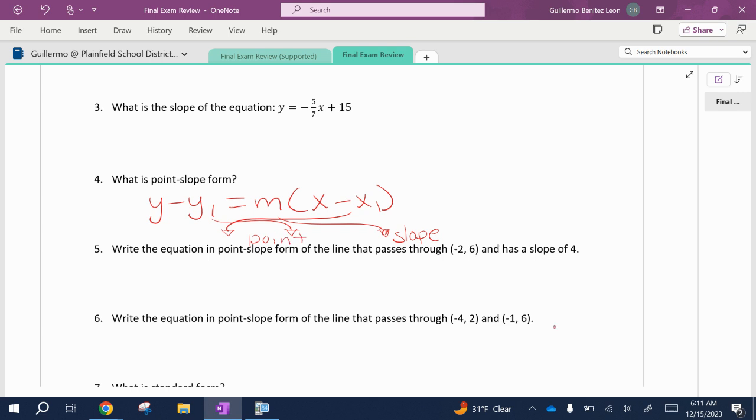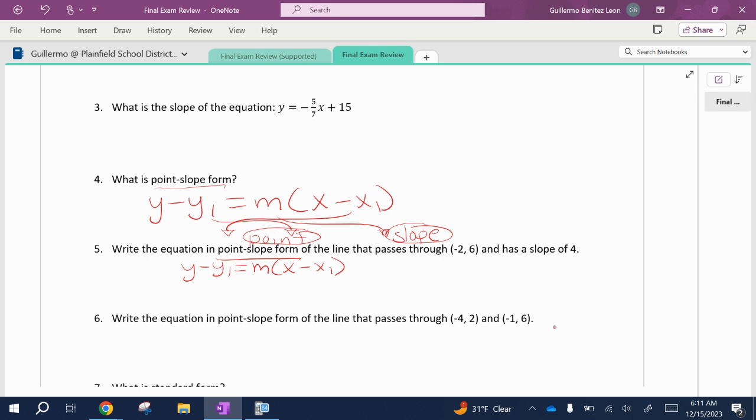So that's why it's called point slope form, because you need a point and you need a slope. So number 5, write the equation in point slope form. Remember, just a good habit, as soon as it tells you how your answer should look, write it down for yourself. Y minus y1 equals m x minus x1.